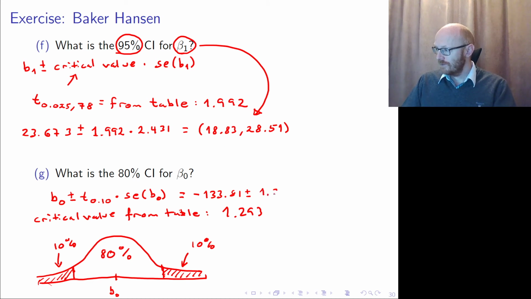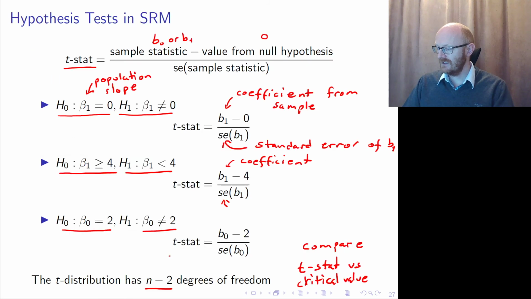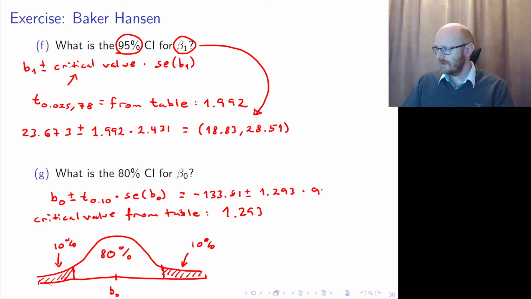So that would be 1.293 times the standard error of B naught, which is 94.58, which gives us a range of negative 256.01 to negative 11.56.